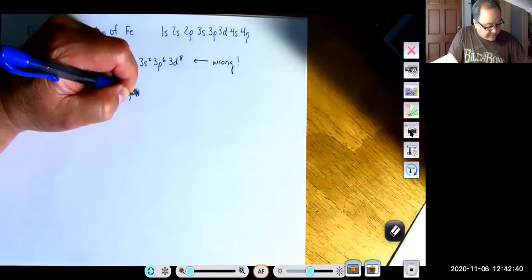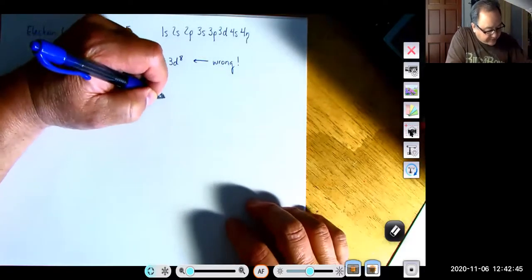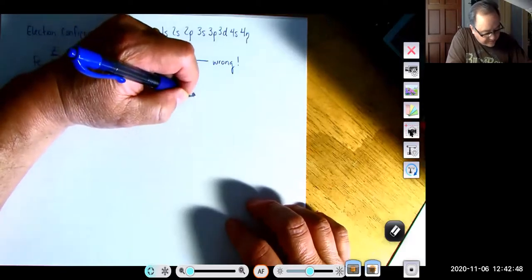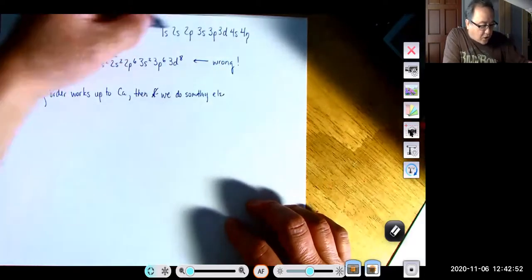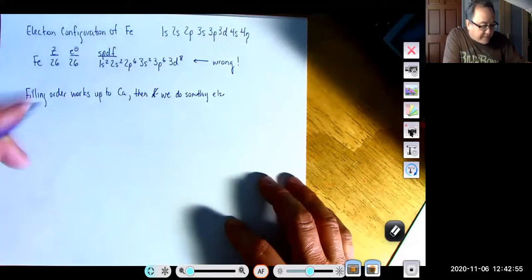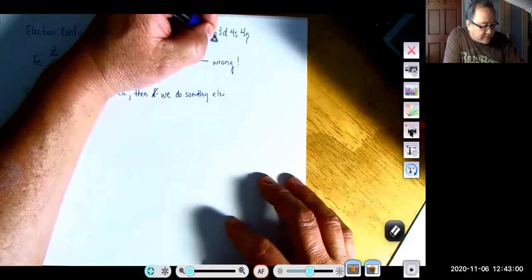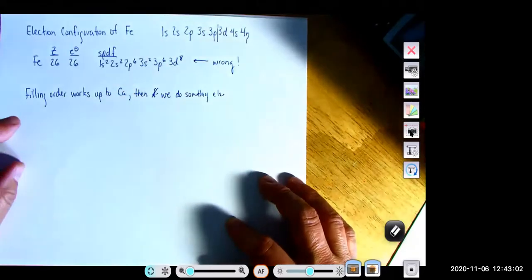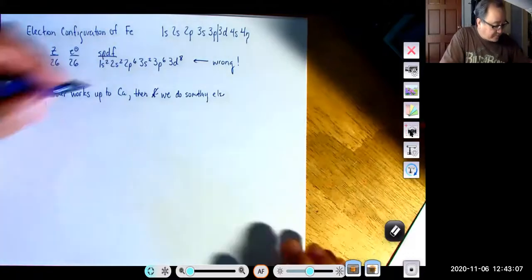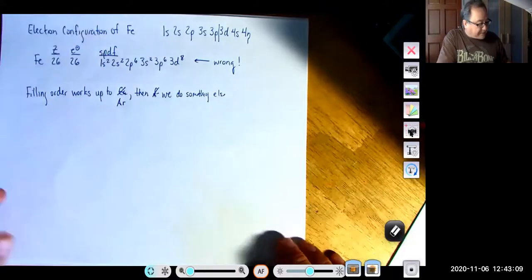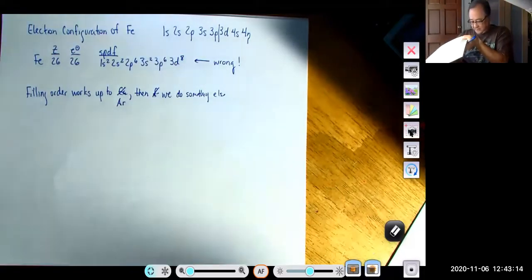Then we need to change. Then we do something else. Actually, I shouldn't say works all the way up to calcium, it works all the way up to argon. And then we have to do something else. So that's why I have this drawn here.